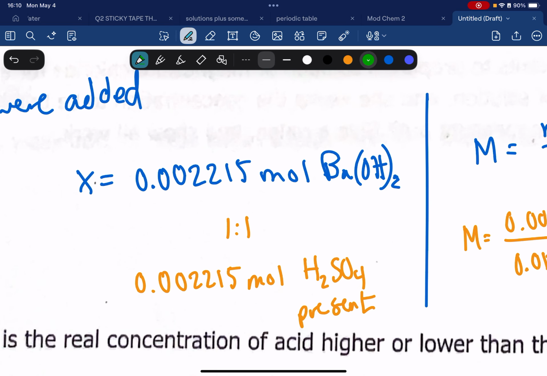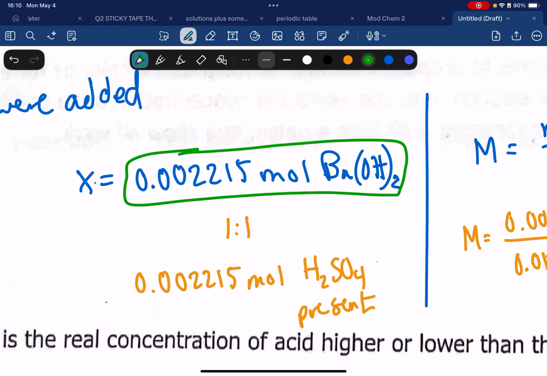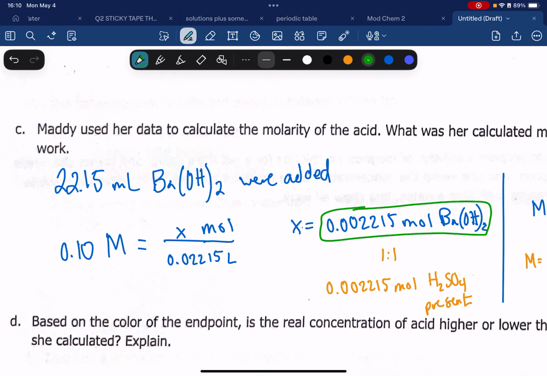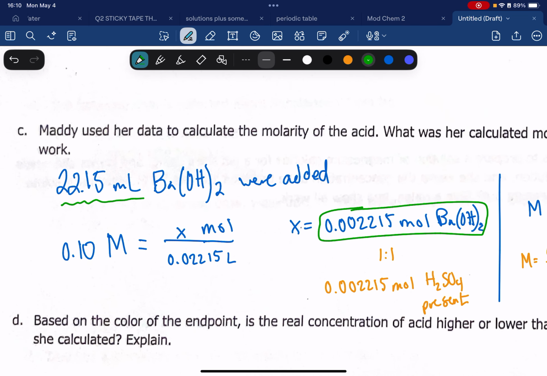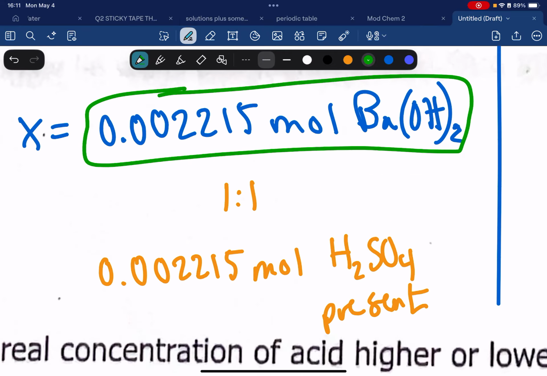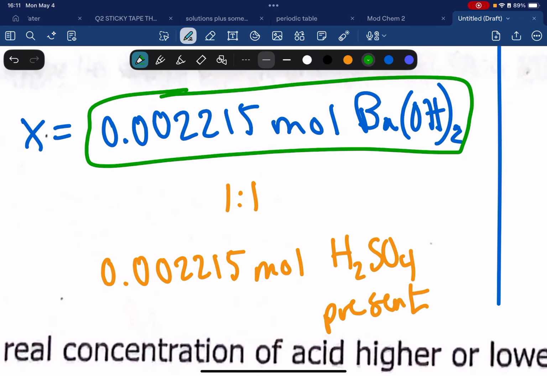This number here, this number of moles of base, definitely is the actual number of moles of base that went into her flask, right? Because that came from just the milliliters that came out of the burette and the molarity of the base, which she knew. But her math is assuming that 0.002215 moles of barium hydroxide is also the same number of moles of sulfuric acid that were in the flask to begin with.